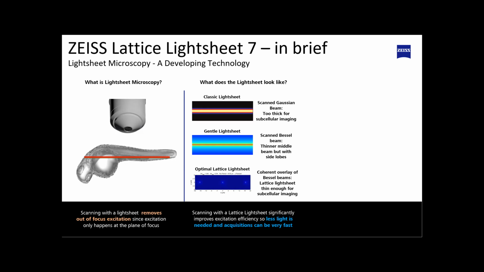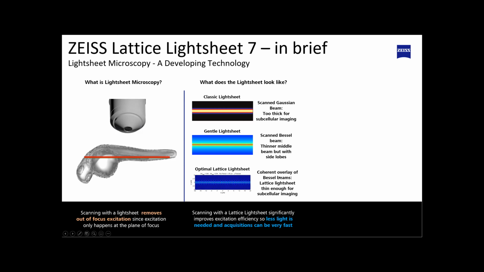So a Bessel beam or an array of Bessel beams, when they are formed as a nonlinear technique, do have multiple side lobes or side beams. These side lobes you can see here with a thinner beam in the middle, which is called a scanned Bessel beam.